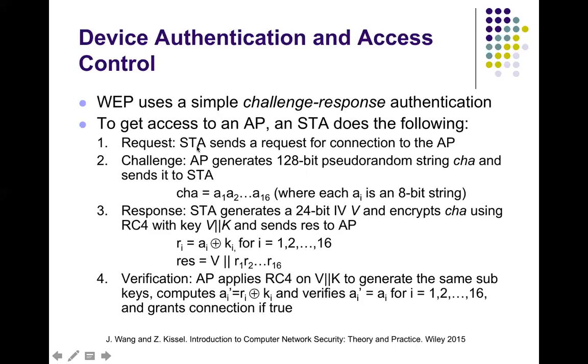So the STA sends a request and then receives a 128-bit pseudo-random string CHA, which has 16 bytes. Each A sub i is a byte. Then the STA needs to send back a response to the AP.